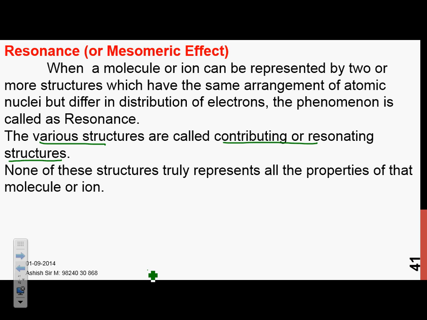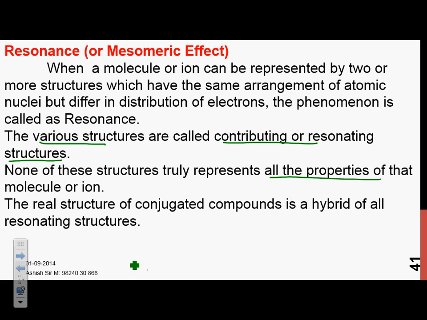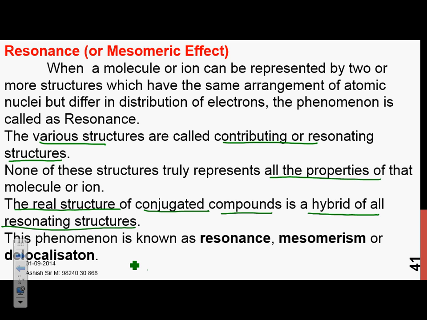None of these structures truly represents all the properties of the molecular ion. None of them represent it. Certain properties are represented by the first, and certain other properties are represented by the second. Correct or not? And the real structure of conjugated compounds is a hybrid of all resonating structures. Understood?